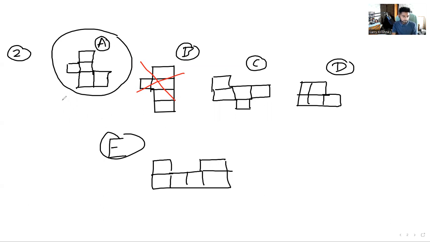Let's see. If we rotate the shape 90 degrees anti-clockwise, it will look like this.